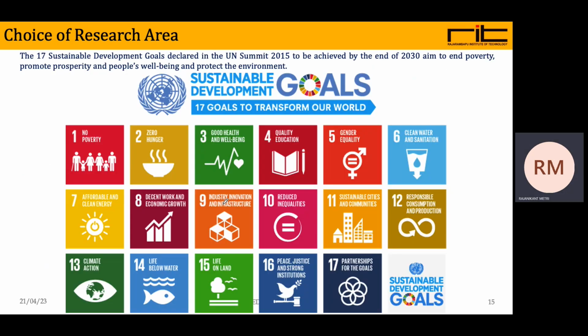Based on this, the United Nations in its summit in 2015 declared 17 sustainable development goals, SDGs, to be achieved by the end of 2030, to end poverty, promote prosperity and people's well-being, and protect the environment and the globe. One can also identify problems within these 17 sustainable development goals.